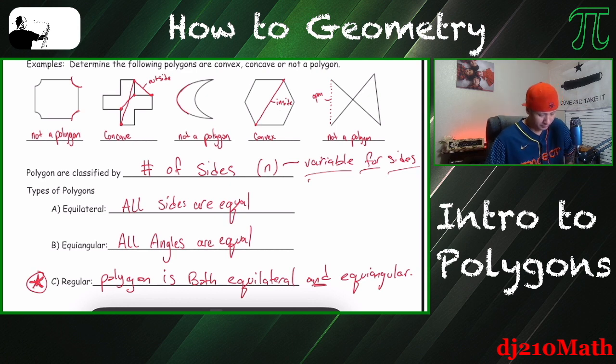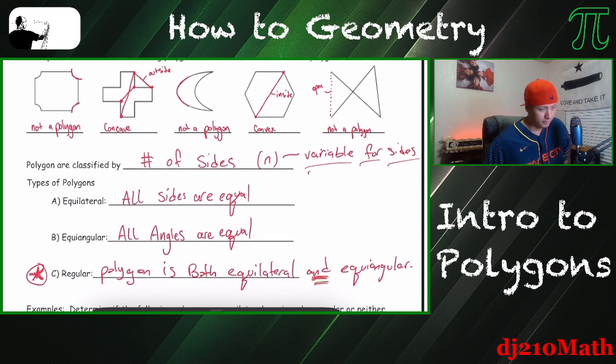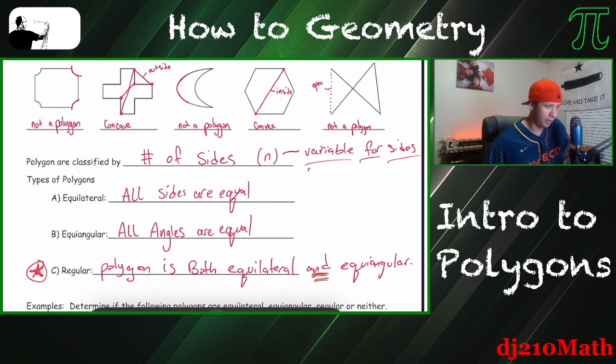And if it's regular, a regular polygon is both equilateral and equiangular at the same time. There's a fourth classification of neither, or irregular. So a polygon where all sides are different and all angles are different would be an irregular polygon.